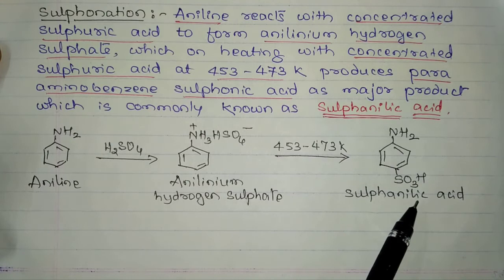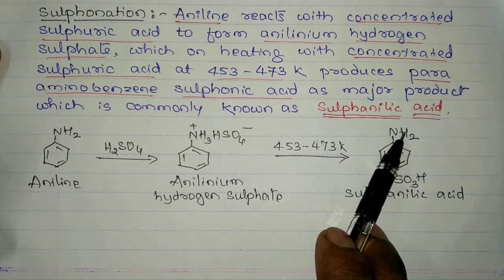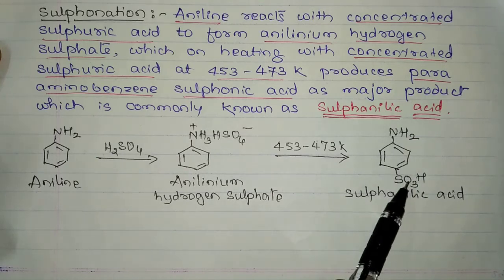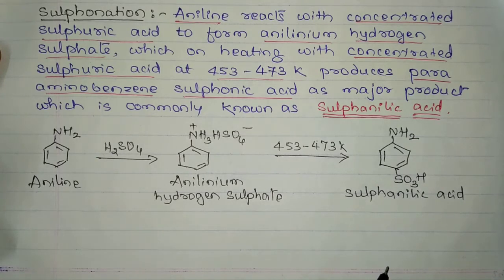Now, this sulfanilic acid contains both basic amino group and acidic sulfonic acid group. Hence, internal salt formation takes place, forming Zwitter ion. Here we are going to get Zwitter ion.